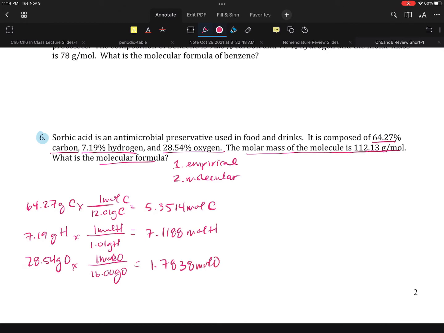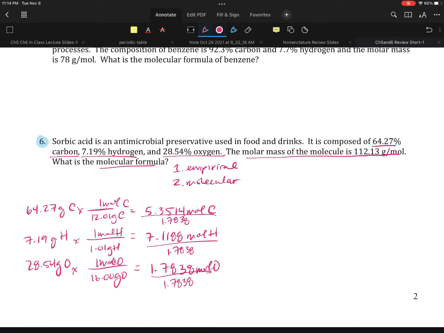Right, reduce. Always remember that we have to reduce. So we'll take those moles and reduce them down. And then we will double check that our numbers are either whole numbers or within 300ths of a whole number such that we can round, right? And in this case, they do happen to be whole numbers. So we have our empirical formula.